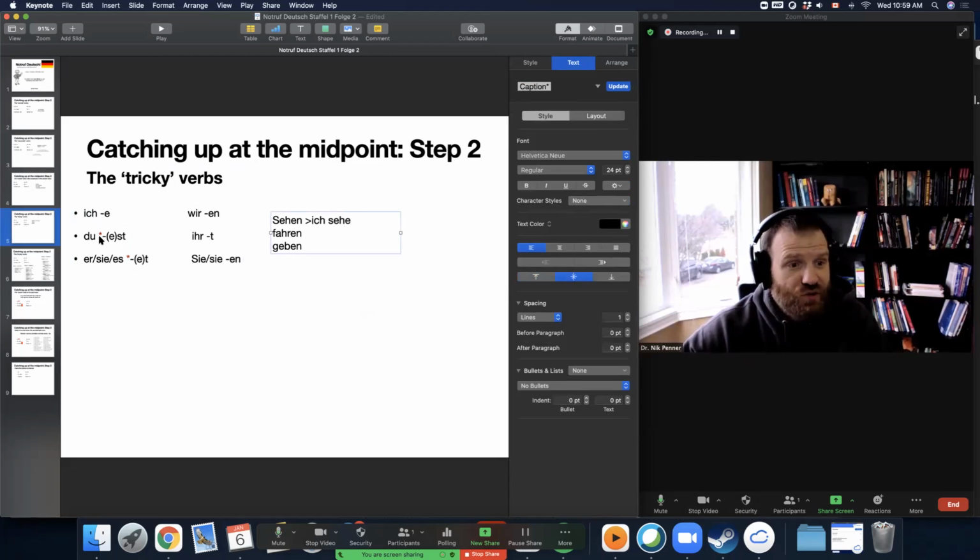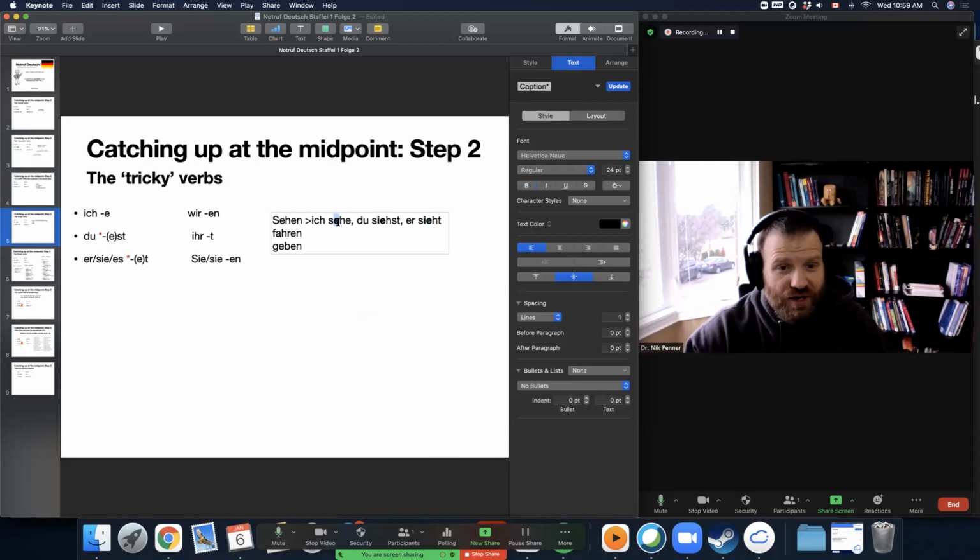But then when you use du, something happens there. Ich sehe, du siehst. And then there is another star after er, sie, es. So that's where you're going to say er sieht. See how this is different than what we had before? So that is the change that happened.